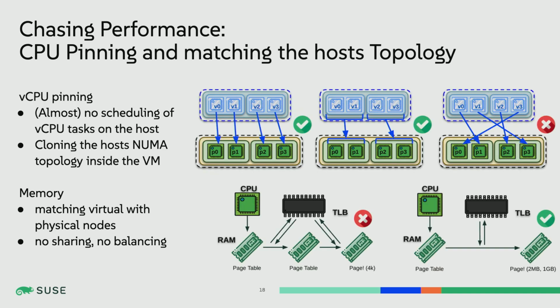On the CPU side, this is a graphic that shows what we are doing to optimize performance here. In short terms, what is done is that we clone the NUMA architecture of the hypervisor host and present the exact same NUMA layout to a virtual machine. This works for one single big VM and multiple VMs, as multiple VMs at the current point in time only are allowed to fill one socket. You just clone that socket then.